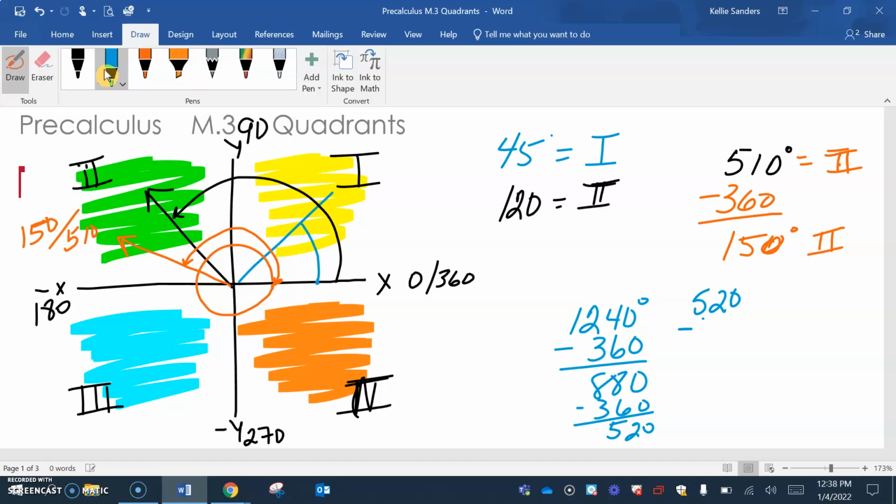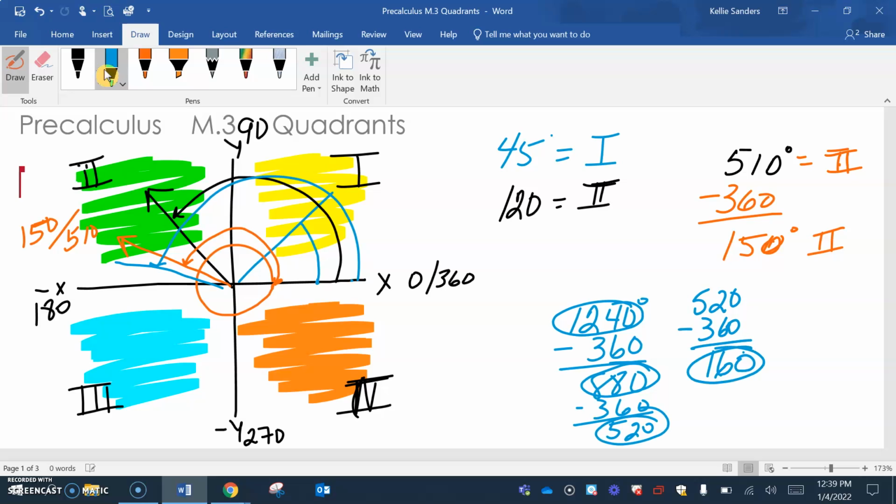That's still bigger. And get 160. Now we can do it. So 160 is about right there. So 1240, 880, 520, and 160 all end in the same spot, which is right here, and that's in quadrant 2.